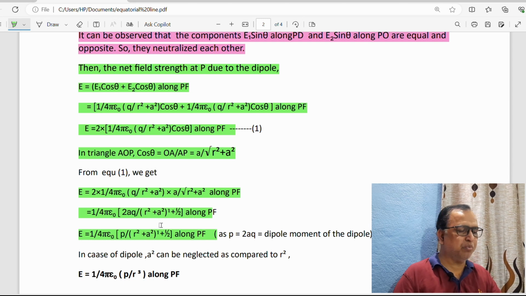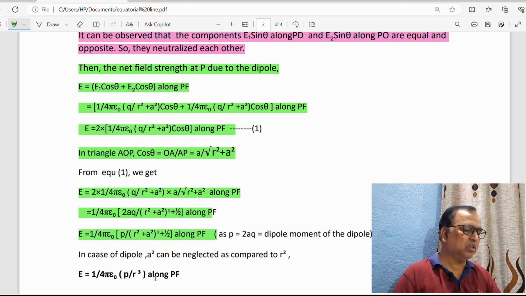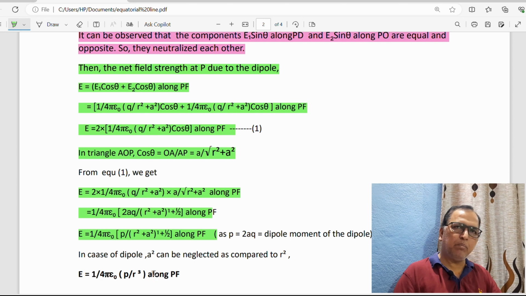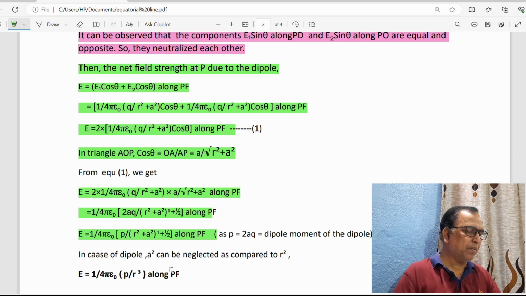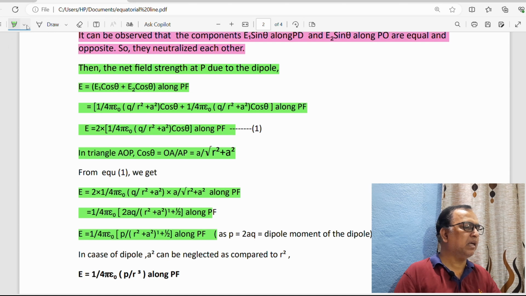In the case of a dipole, a square can be neglected as compared to r square, as a is very small. So neglecting a square, we find E is equal to 1 by 4 pi epsilon naught, p by r cube, along PF.